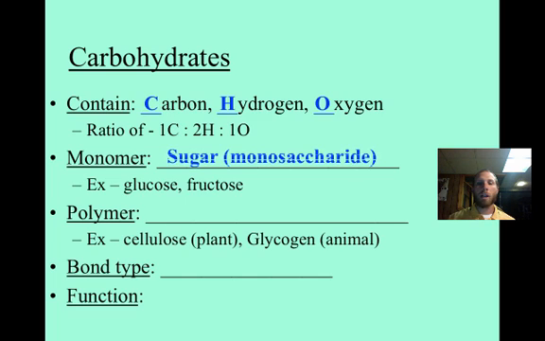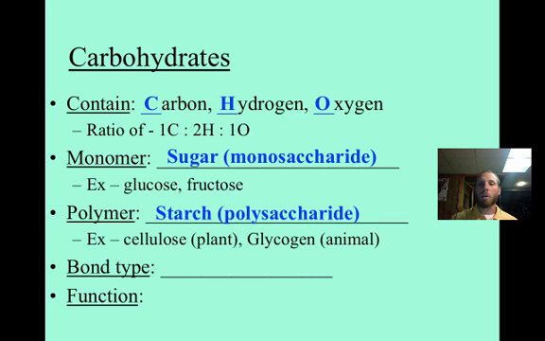The monomer of carbohydrates is called sugar. The technical term is monosaccharide. Some examples of that would be glucose and fructose. The polymer of carbohydrates is starch, technical name polysaccharides. Some examples are cellulose, which is plant starch, makes up plant cell walls, and glycogen, which is animal starch, which is found in all of us.